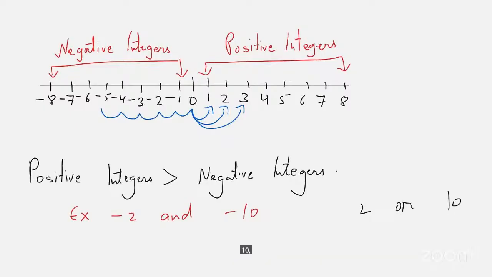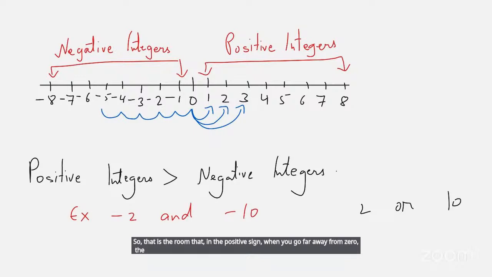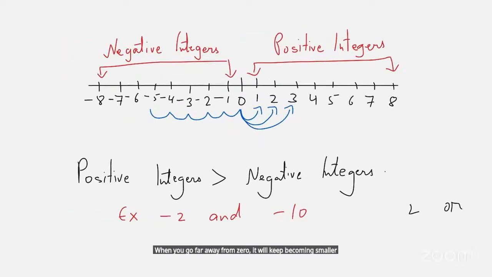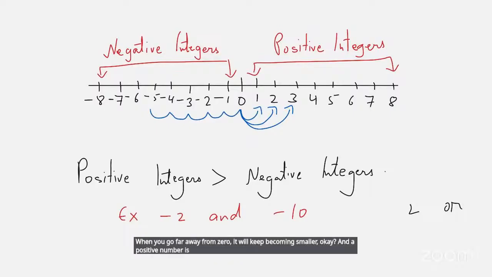So on the positive side, when you go far away from 0, the numbers become bigger. But on the negative side, when you go far away from 0, they keep becoming smaller. And a positive number is always bigger than any negative number.